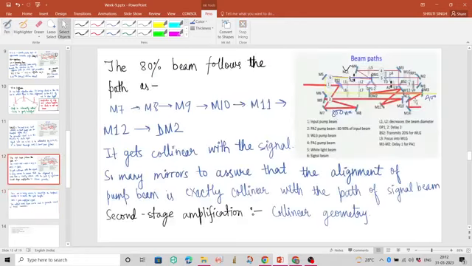So we see here this dichroic mirror amplifies the signal, which goes out, then the pump, since it is a short pass filter, is reflected, it hits here, this is M13, it's not written over here, and then it is reflected to M14, and after M14 it comes out as the output.